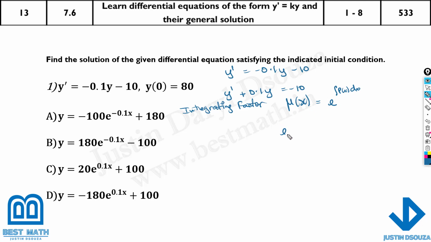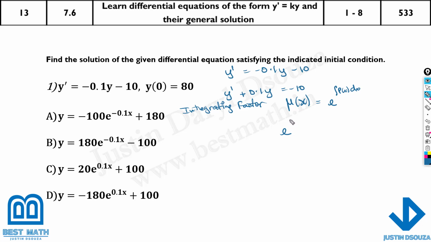Okay, but just remember this is the actual writing, actual method. But over here, just remember this e. What is this p of x? p of x is basically the slope here. What is the slope here? See, now it's not minus 0.1. The slope which we have is over here after we move it to the other side, y dash and y. Here the slope of y is 0.1.